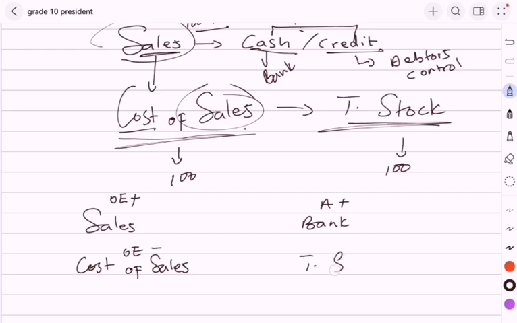Now, when it comes to your trading stock, it also still is an asset, right? But are you gaining the stock? No, I just sold the stock. So the stock left the business. So hence the stock is going to what? Decrease. Then it means these two are going to travel together, and so do these other two.